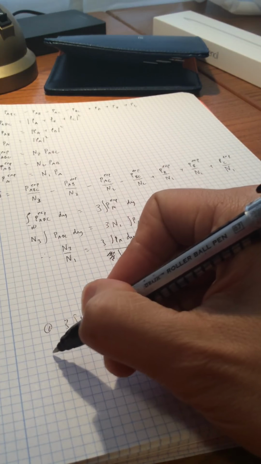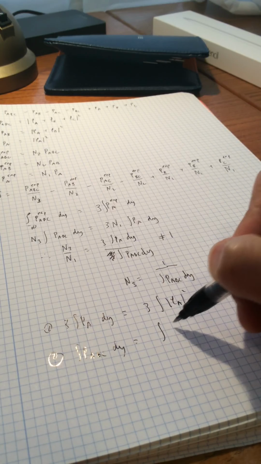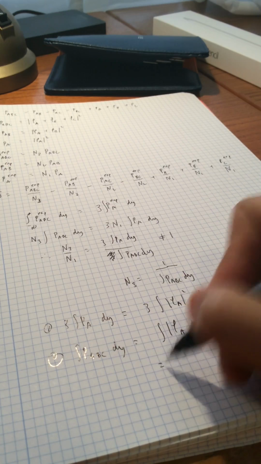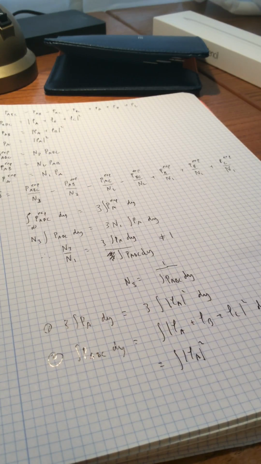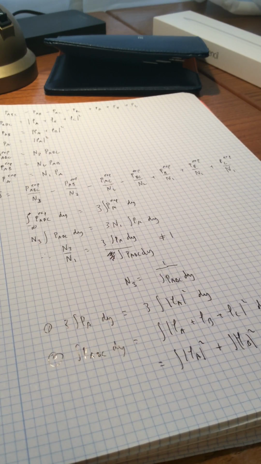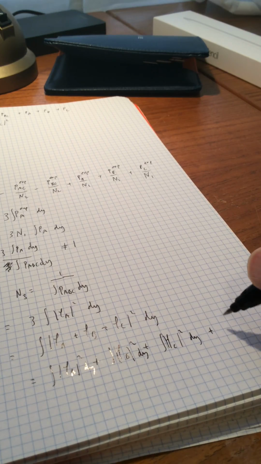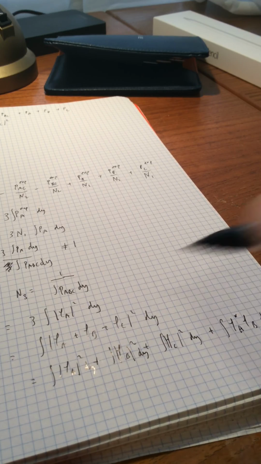Okay, that's 1. 2 integral of PABC dy is equal to the integral of psi a plus psi b plus psi c squared dy, which is equal to psi a squared dy plus psi b squared dy plus psi c squared dy plus the cross terms, psi a psi b dy, plus all the other cross terms.